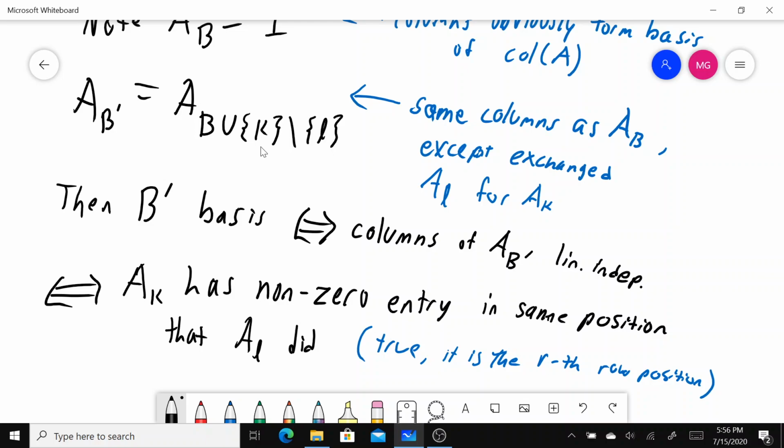When we add in the column vector AK, it better be the case that it has a non-zero component in that same rth entry, and that way we will be able to span that direction of space again.